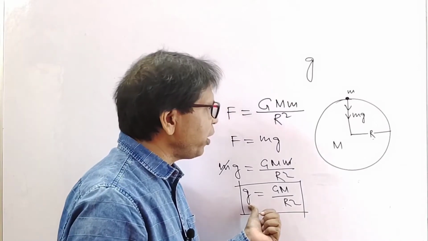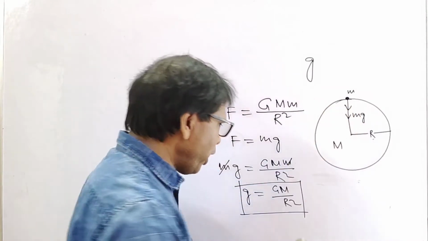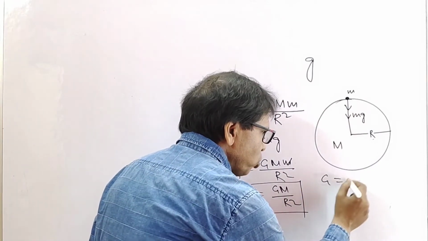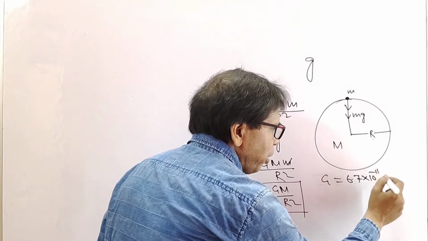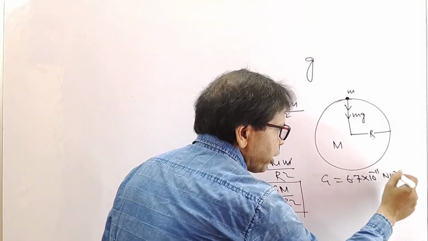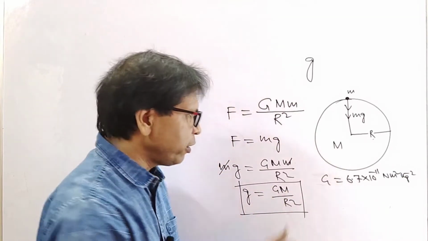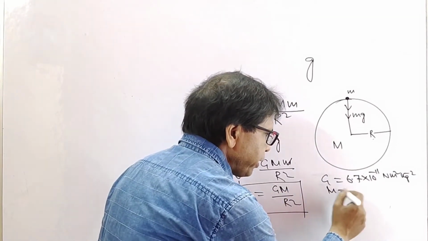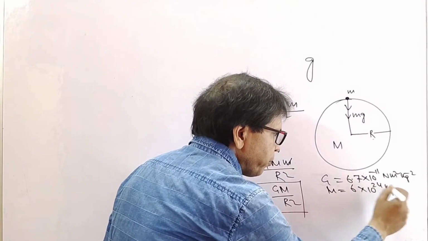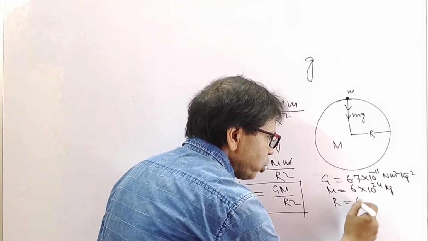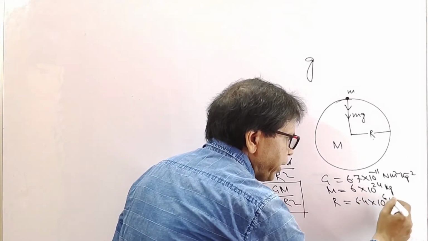Now we have to calculate the acceleration due to gravity on the earth's surface. G is equal to 6.7 into 10 to the power minus 11 Newton meter square kg to the power minus 2. Mass of the earth, capital M, is 6 into 10 to the power 24 kg, and the radius of the earth is 6.4 into 10 to the power 6 meter.